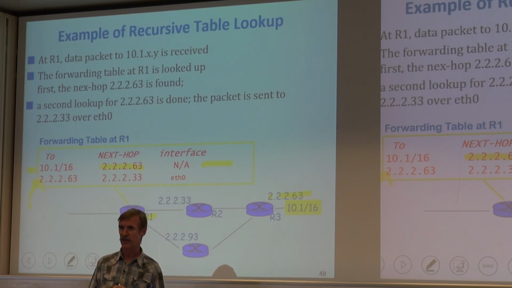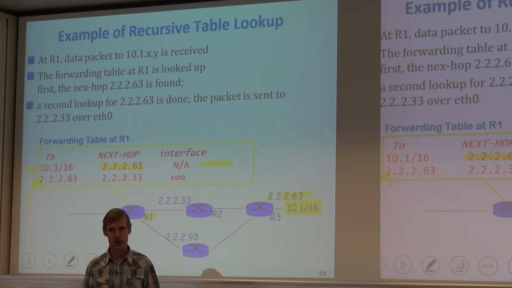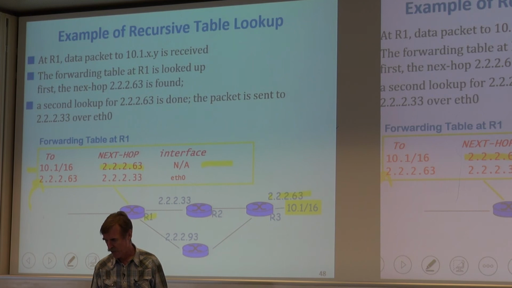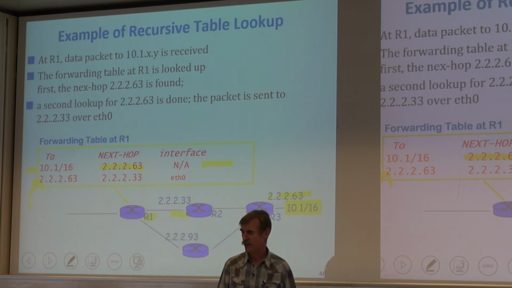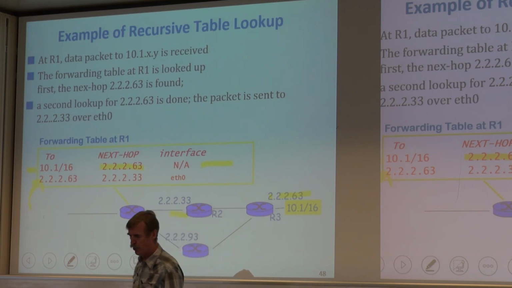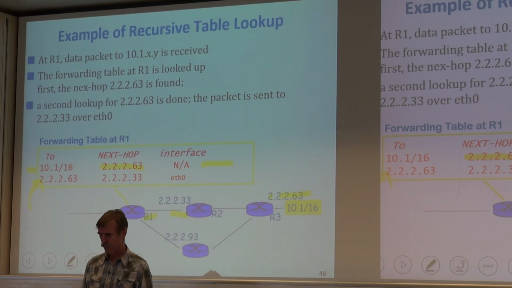Perhaps not an exact match like here, but there must be at least one entry that matches, which is the case here. And here the second match will be 222.33. So this is how recursive table lookup works.